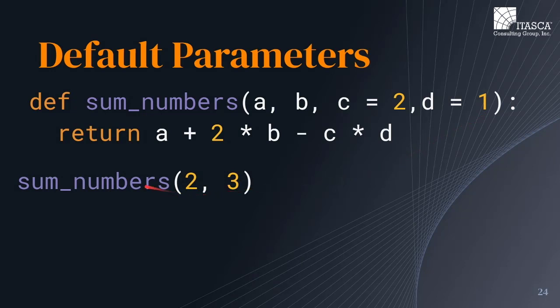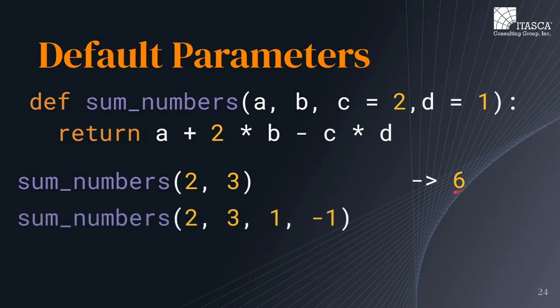We can see that if we call the function simply with two variables, it will still execute correctly and won't cause an error and crash. Additionally, we can still choose to pass in values for C and D, and the code will still execute as expected, since these values will only be set to the defaults if nothing else is passed for them.